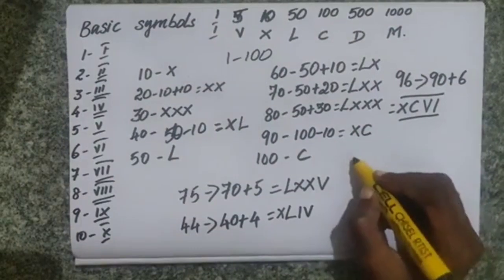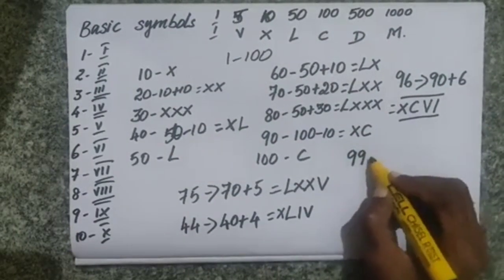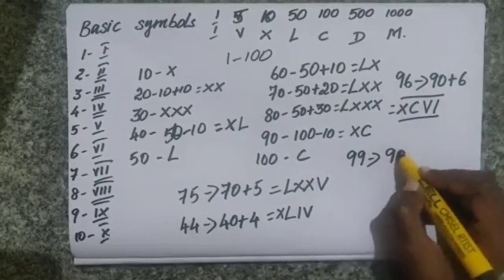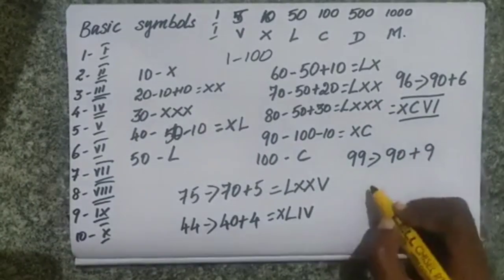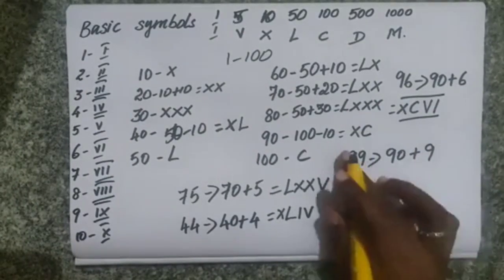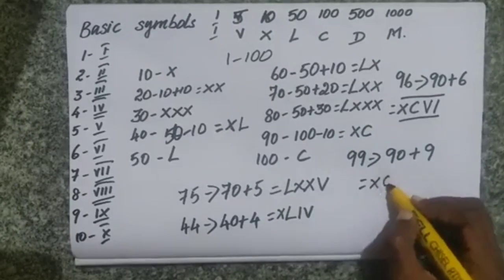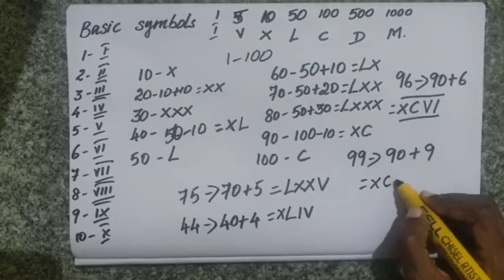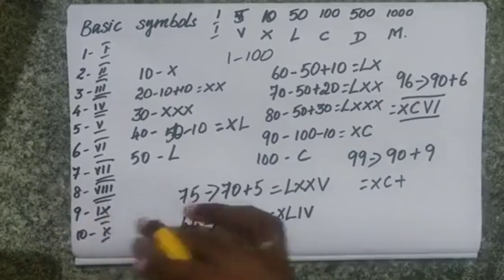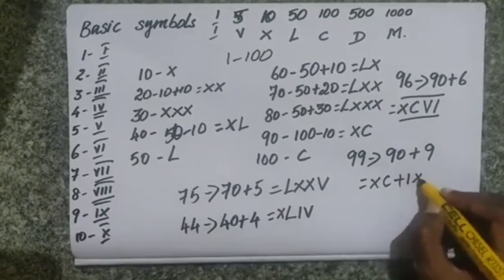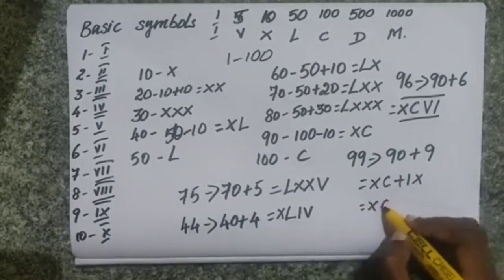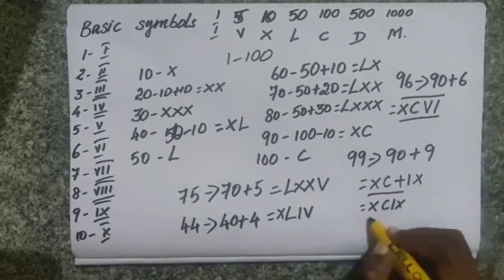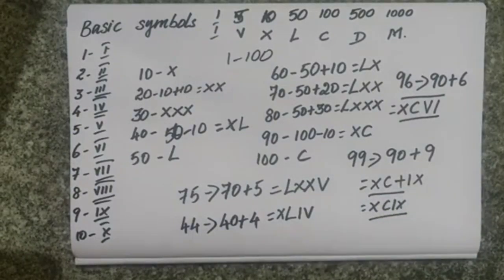Okay, for 99. So 99, how can we write? 90 plus 9. So for 90 it is XC, and for 9 it is IX. So these two together we write as XC and IX. So this is the way we write 99.